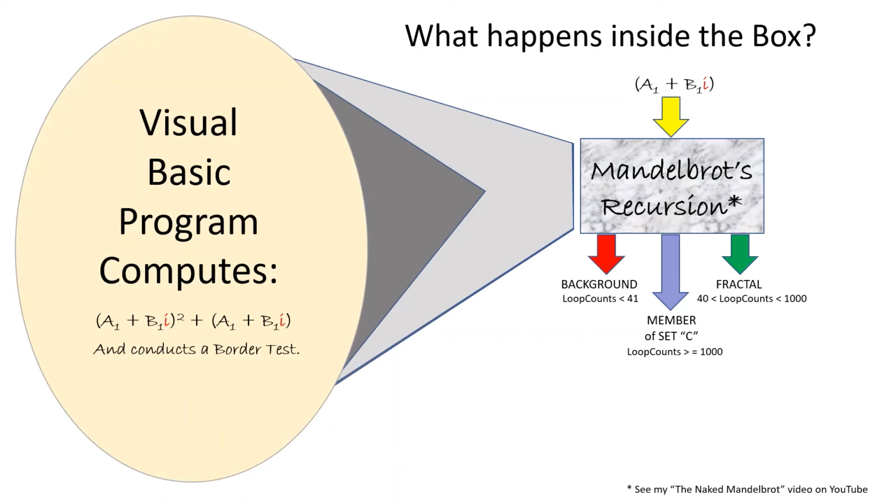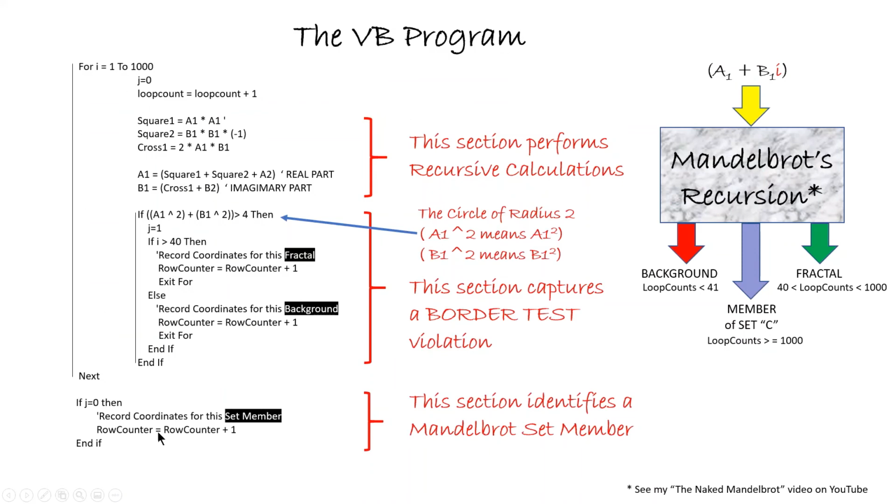Okay, we're going to look at a simple little Visual Basic program to do this: to square a point and add another point to it. And we're also going to test it to see if it passes the border test. So here we go. This is it. This is not a very complicated thing, and we're going to take it real easy, one step at a time.